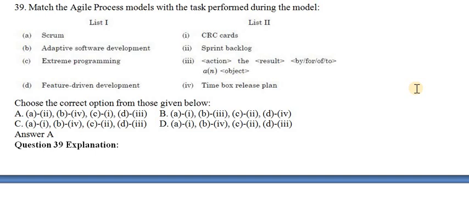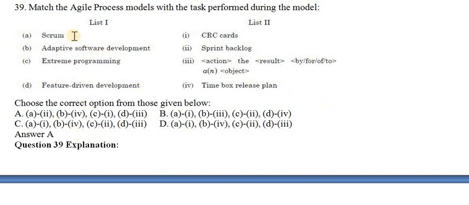Okay, so here there is a terminology called Scrum. What is Scrum? It is nothing but a sprint backlog present in such a model. And then adaptive software development. Actually agile is adaptive software development, so it is nothing but a time box release plan. Okay, so it is flexible. And extreme programming, what is that?